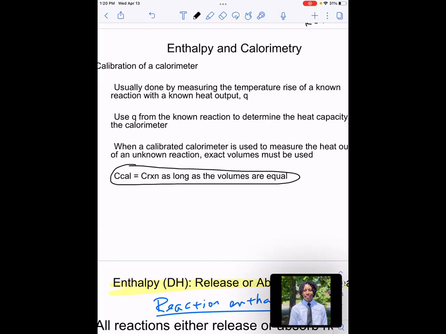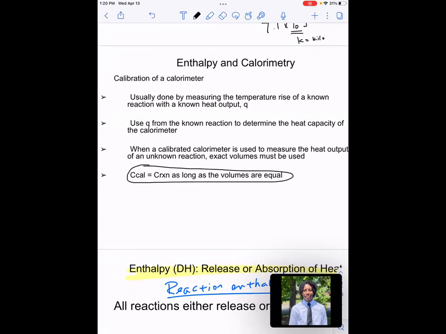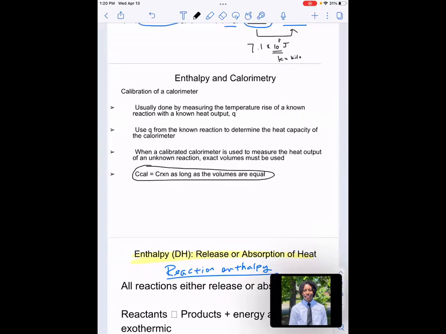So if you're adding something to a calorimeter that has a volume of 50 milliliters, as long as that's the same and it doesn't change, whatever heat you calculate for the reaction is the same for the calorimeter. All right, that's not groundbreaking. It's just a piece of information that we need.